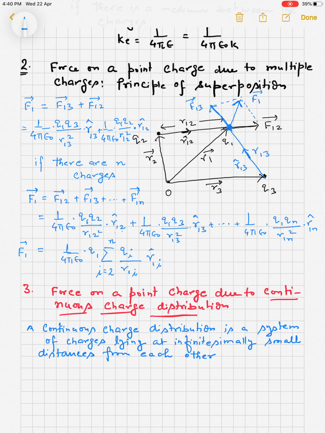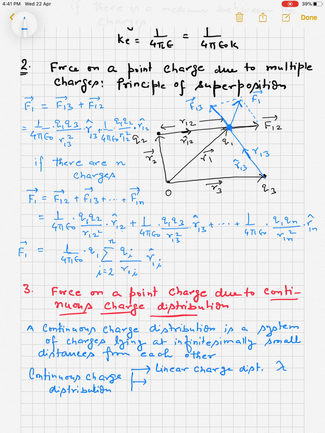There are three types of continuous charge distribution. Number 1, linear charge distribution, represented by lambda. It is charge per unit length.